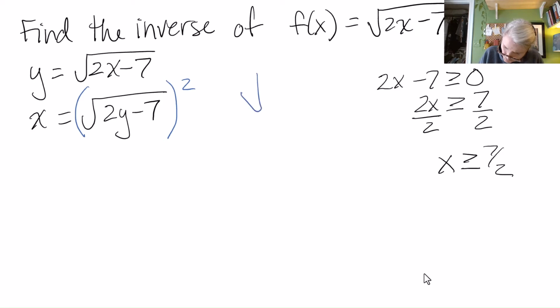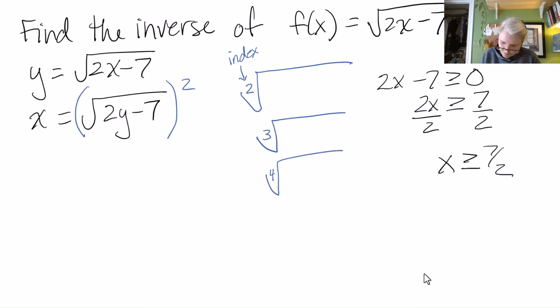Now with square roots, there is an invisible 2 in sort of that V spot. And this is called the index. They just choose not to write it for the square root, but you could have it like this would be the cube root, this would be the fourth root.